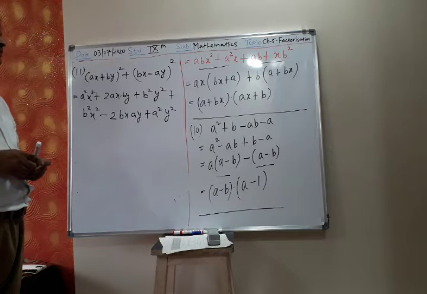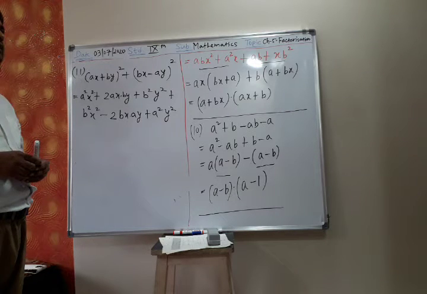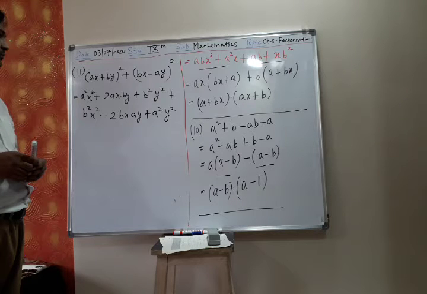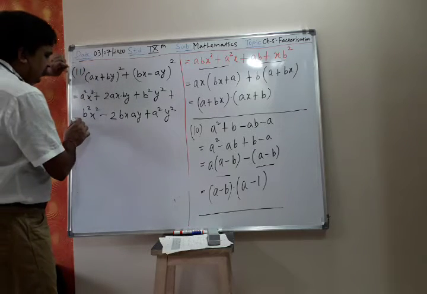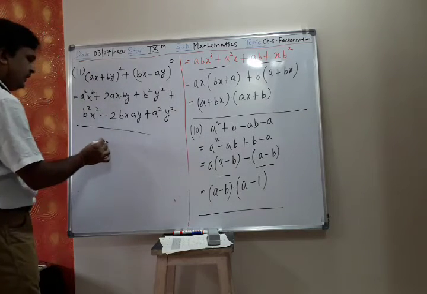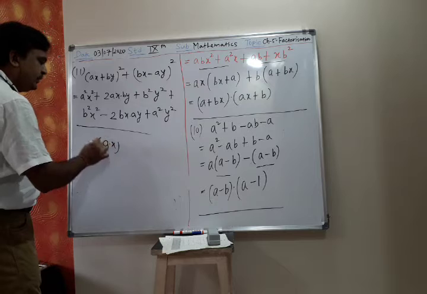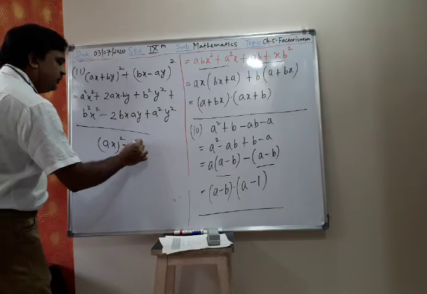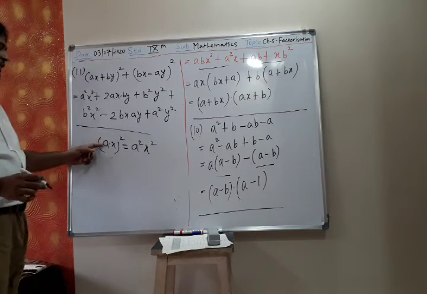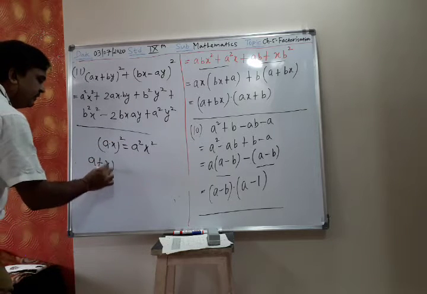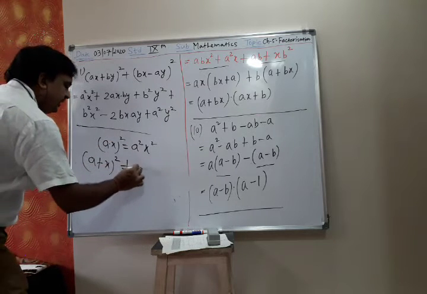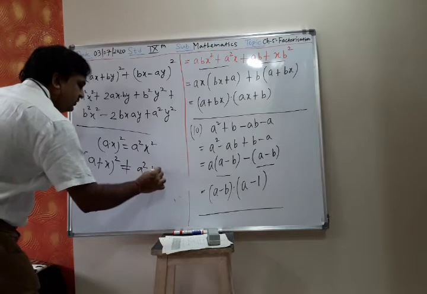Are you following? By whole square. Wait, let me clarify. See, ax whole square, I can write a square x square directly. But a plus x whole square, I cannot write a square x square. Remember this.